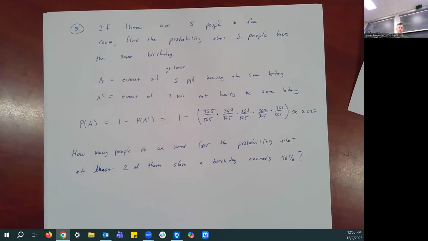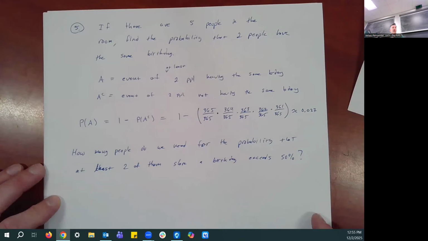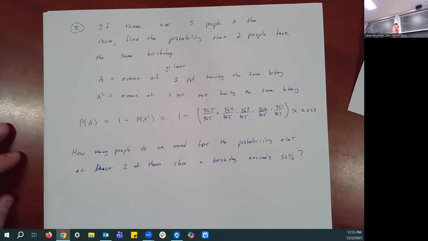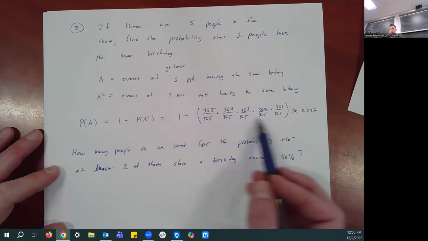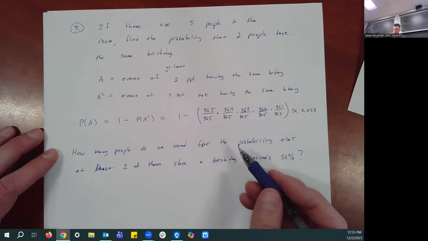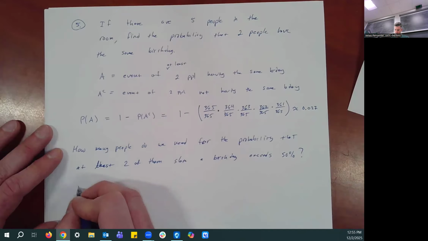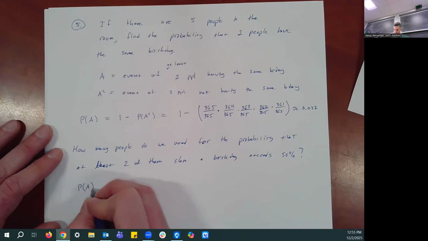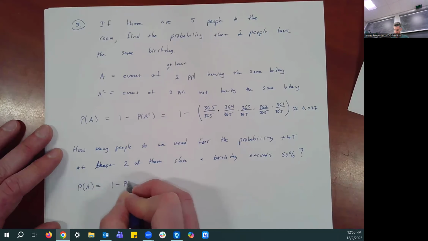Well, it's kind of hard to answer. Doing the math is not particularly fun because you're basically asking, when is this number going to be small enough? So probability of A is going to be 1 minus the probability of A complement.